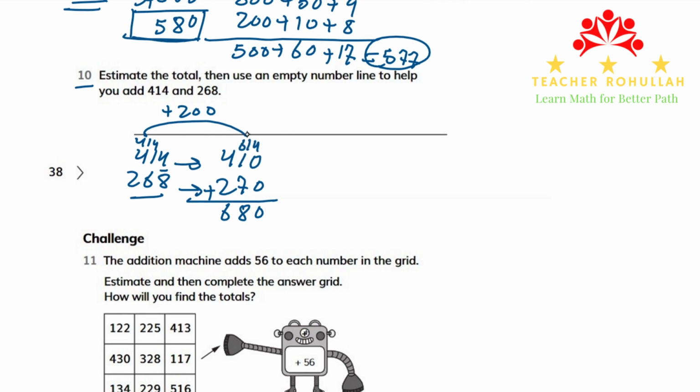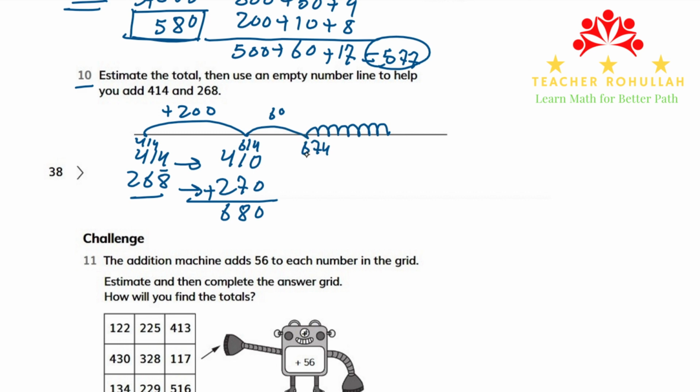And if we add 60 to 614, we will have 674. Again, 8 is left there, so I will count on in ones. 1, 2, 3, 4, 5, 6, 7, 8.